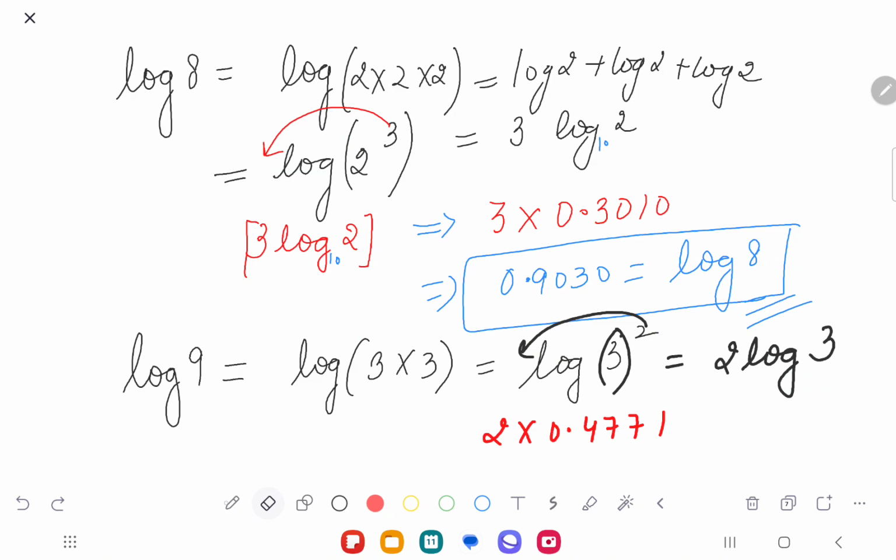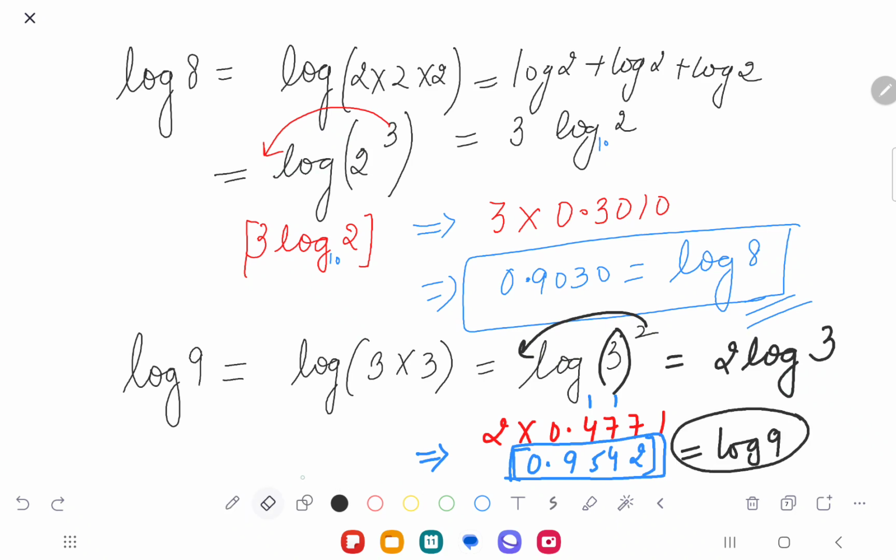Understood or not? Yes. So it is going to be 2 times 2, 2 times 7, 14, 2 times 1, 14, 15, 1, 8, 9. So 0.9542. That is the answer. So that is going to be the value of log 9. Understood or not? So up till 4 decimal places, you should be able to find the log. Just by remembering two values, log 2 and log 3, we are able to find out the values up to log 9.